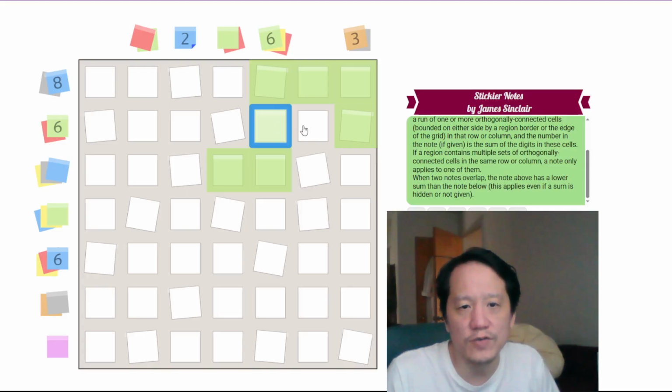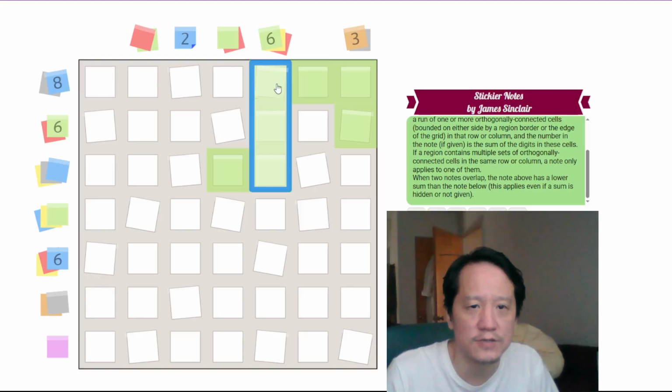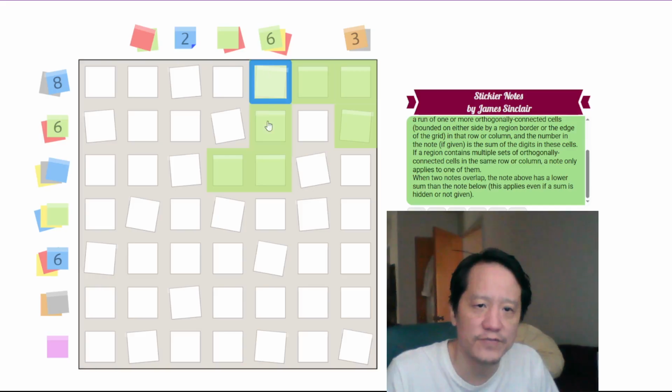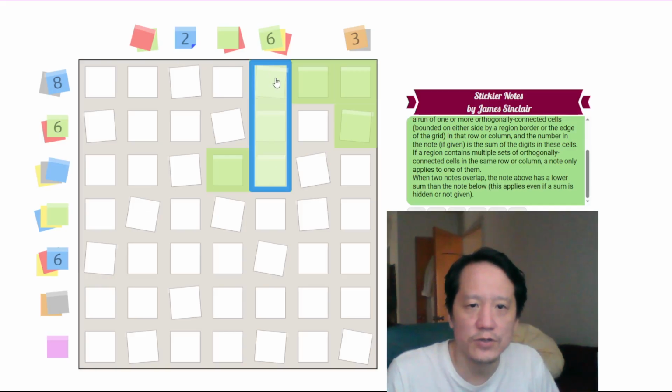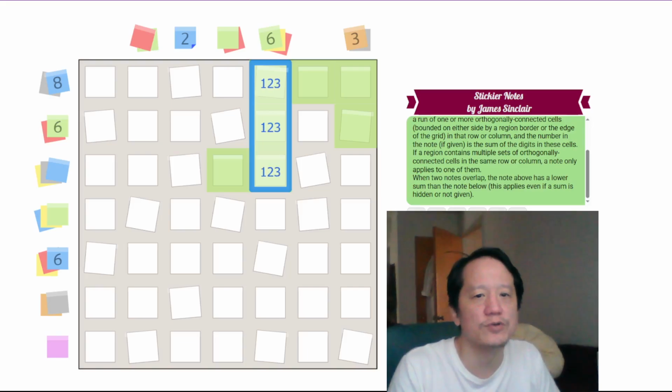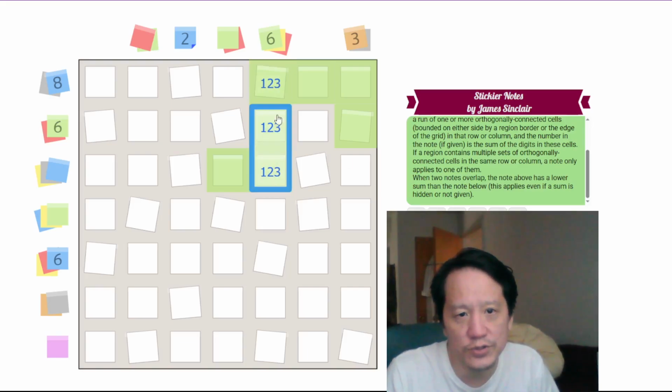We know one of these has to be green, and it would have to have a 6 in it. This note says that the run of green regions must have a sum of 6 also. So this is the sum. Assuming this is the green region, then this would have to be 1, 2, and 3 to add up to 6.